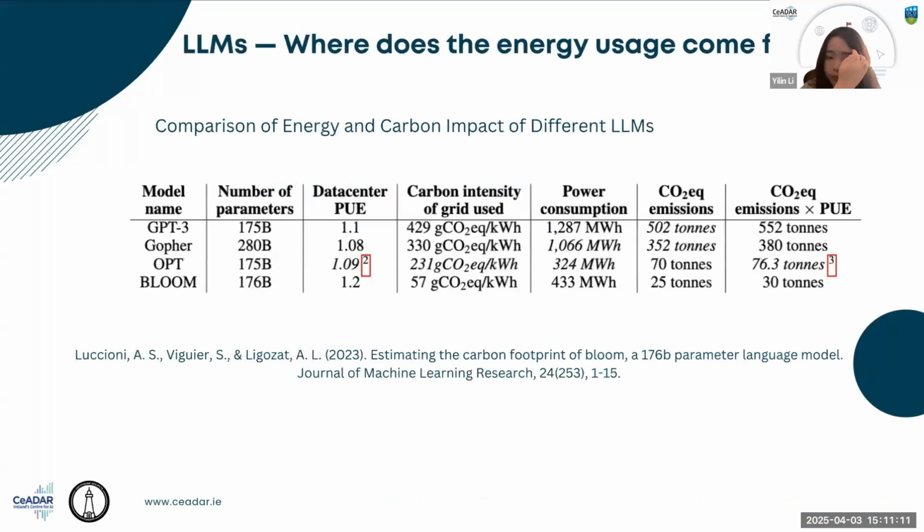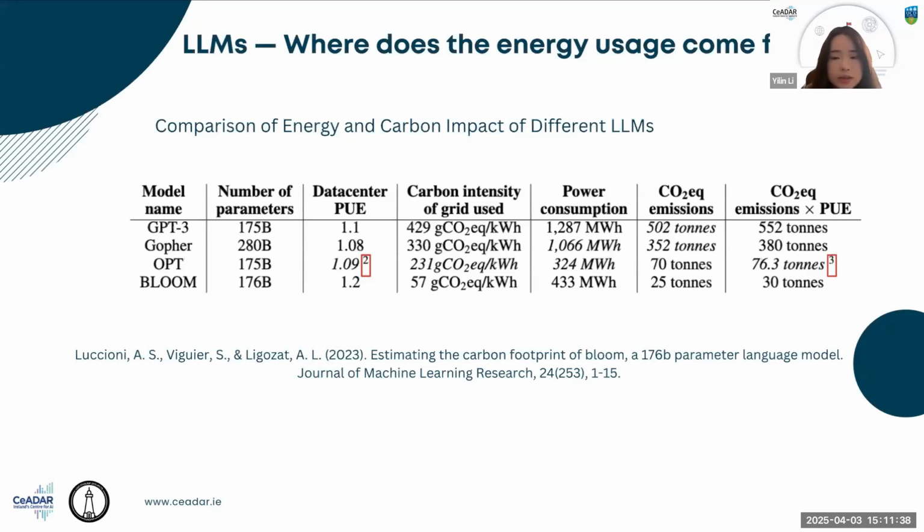And we can see here a comparison of the energy use and carbon emission from training different large language models. It's not always easy to compare them directly because not all the information is public. So the numbers here had to be estimated, especially for things like idle energy use.